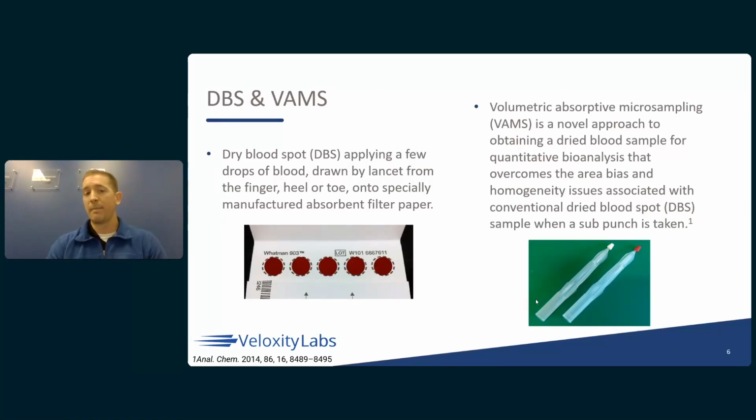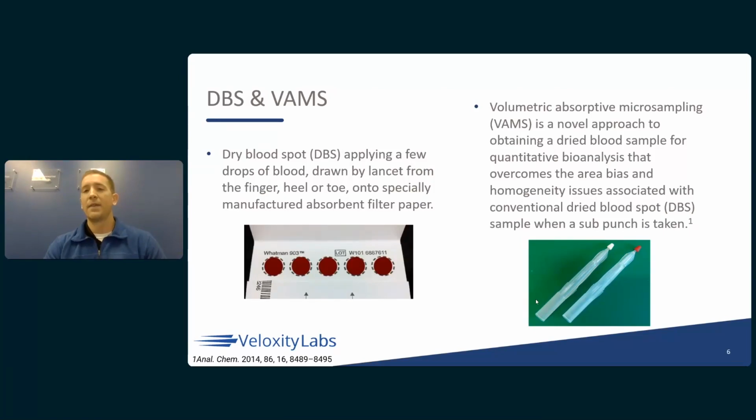It is also plagued by hematocrit bias, where the different hematocrit in the blood could affect the concentration measurements. And then you have things like contamination, where a blood spot goes from one space to the next space.